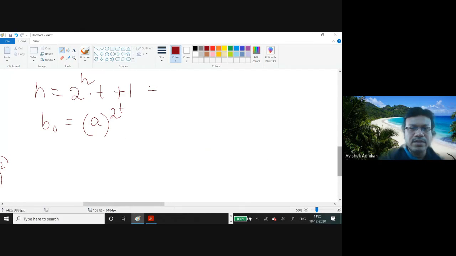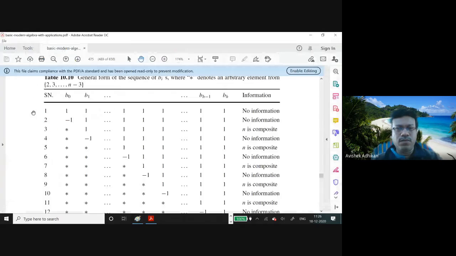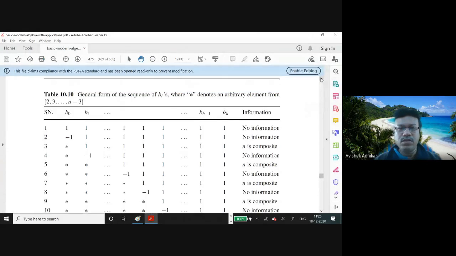So I can write n minus 1 is nothing but 2 to the power h times t. So this is my B0. So what is my B_h? This is nothing but a to the power 2 to the power, so I messed it up a little bit. Just follow the notation of the book, otherwise it will be two types.